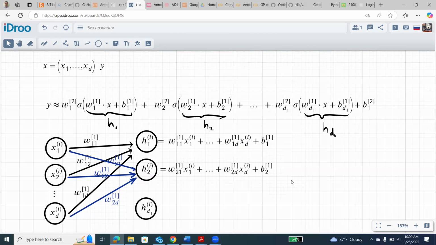Now, what is the next step? The next step, we should apply the sigmoid function to the H variables. In neural networks, it's called activation.